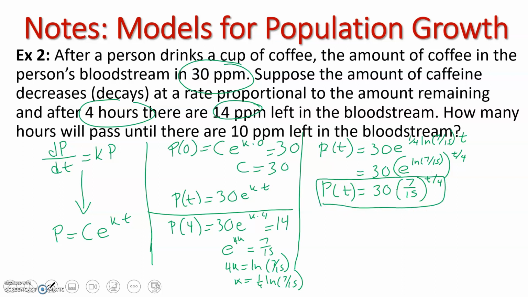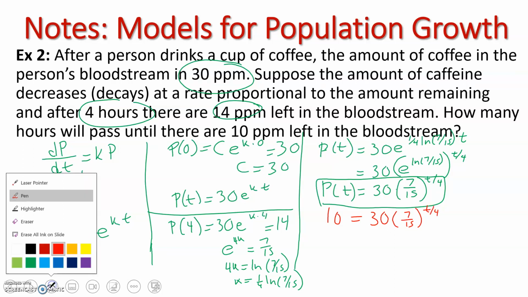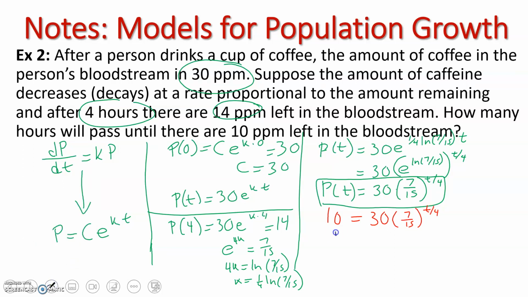And then in order to predict how long till there's 10 left, we will have to set this equal to 10. So 10 is equal to 30 times 7/15 to the power of t over 4. We will divide both sides by 30. So we get 1/3 is equal to 7/15 to the power of t over 4.